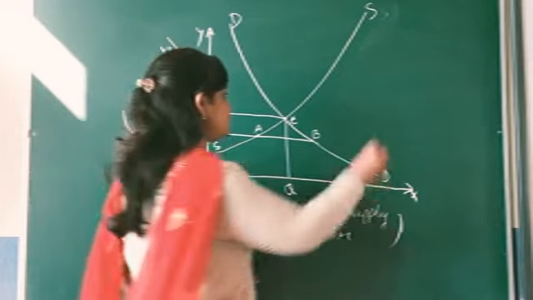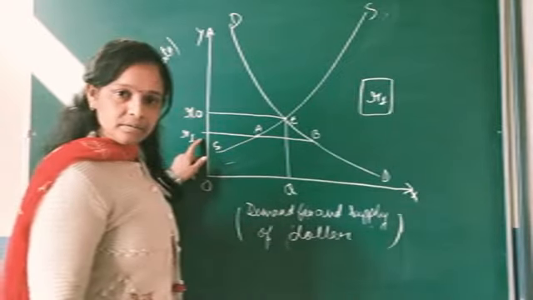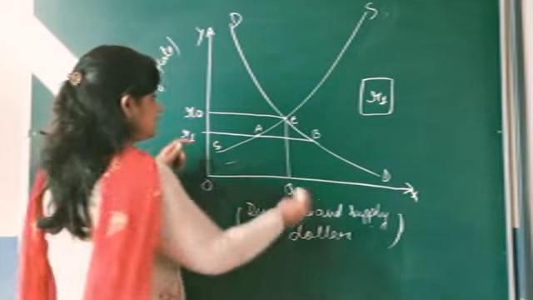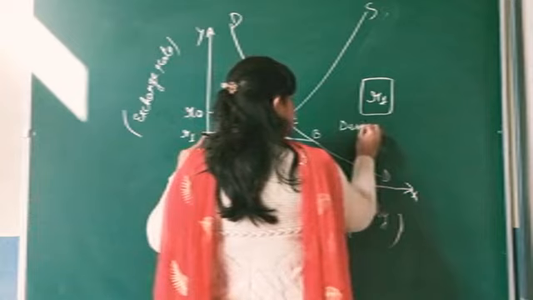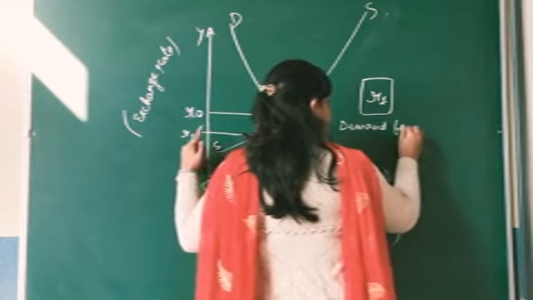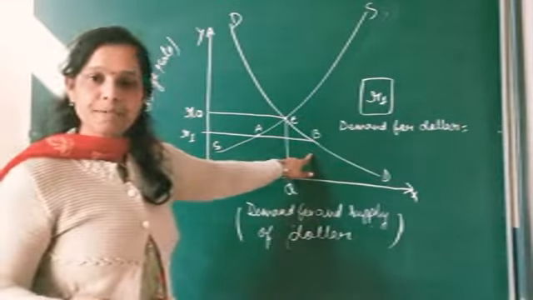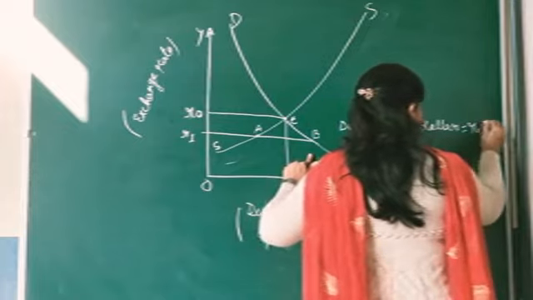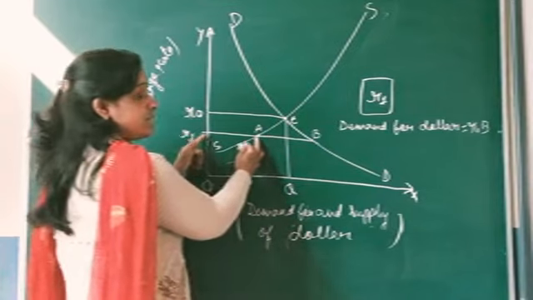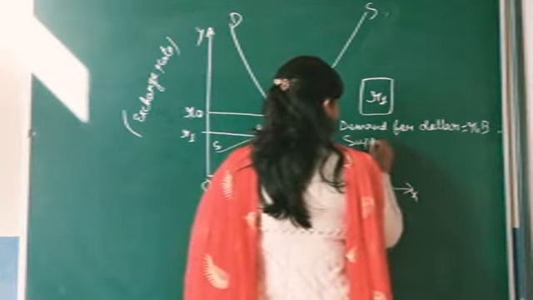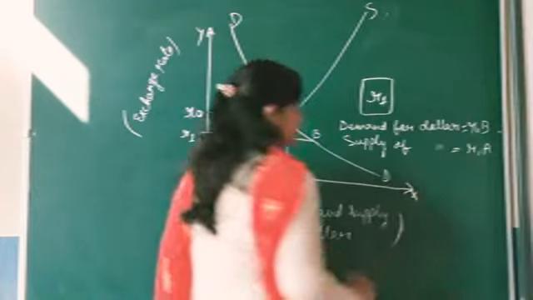Now see, at R1, your demand for dollar, this is your demand curve, is R1B. And your supply of dollar, this is the supply curve, is R1A.